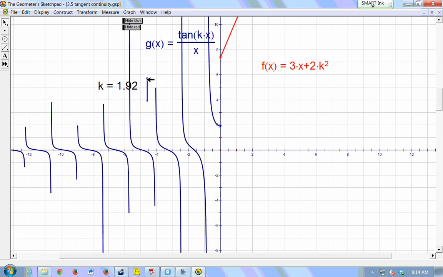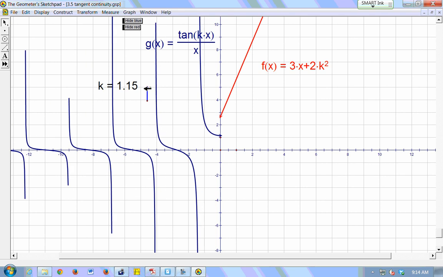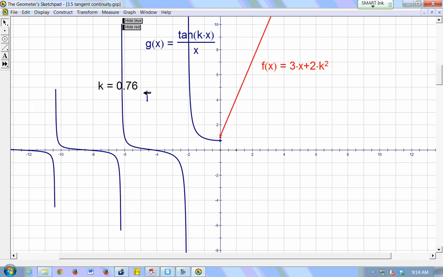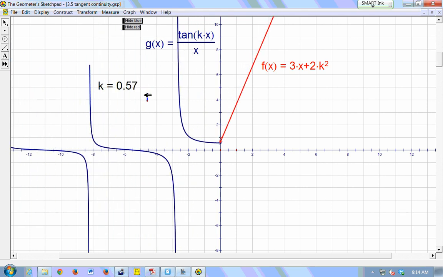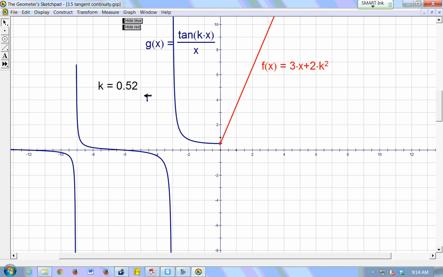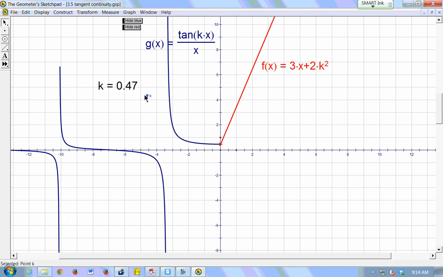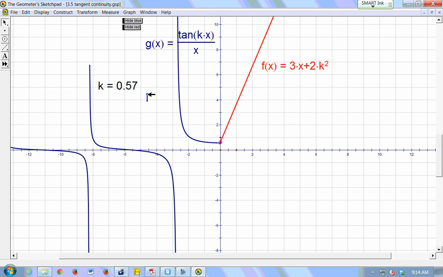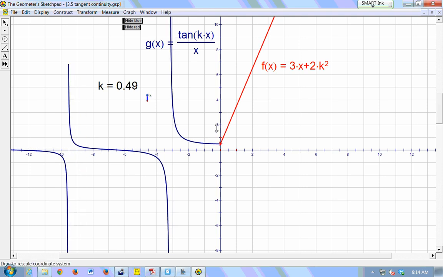As I make k smaller, they get closer and closer until k is 1/2. And then they touch. Close enough. Okay, so you can see that it does in fact make the function continuous, where the limit from the left equals the limit from the right, and the two functions touch each other at 0.